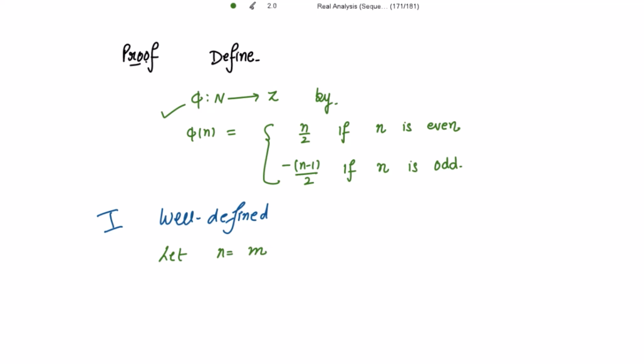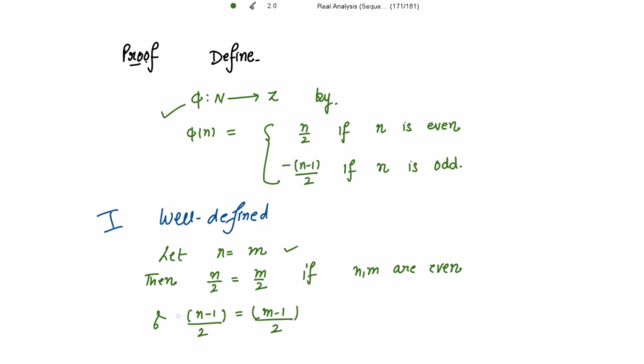Let's divide both the sides by 2, so we get n divided by 2 is equal to m divided by 2, if n and m are even. And if I subtract 1 from both these sides, I am getting n minus 1 equal to m minus 1. Let's also divide both the sides by 2 and also multiply both the sides with negative 1.